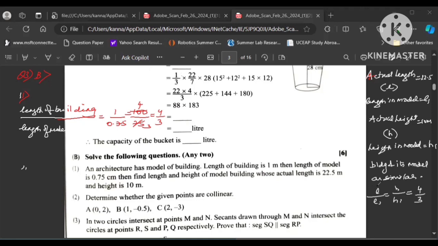So if I substitute in place of L, I'm going to put 22.5 upon L1 is equal to, in place of H, what am I going to put? Actual height is 10 meters. 10 upon H1 is equal to 4 upon 3. Now solve these ratios, children.